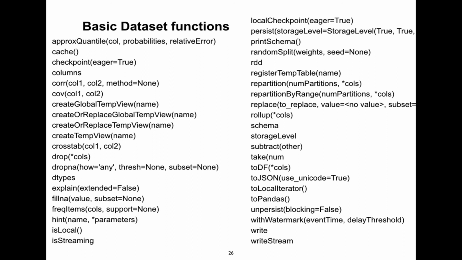Some more things we can do with DataFrames. To pandas. All right. To JSON. So quite a few things we can do on a DataFrame. Drop NA.